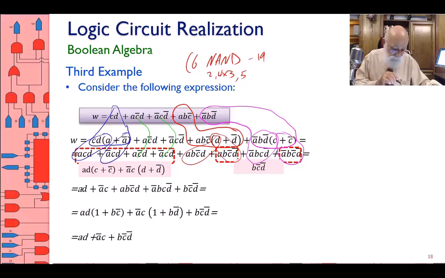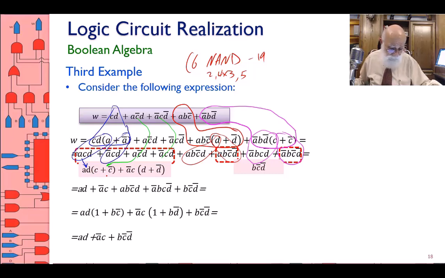Now let's go one step further down. What I'm going to do is take the first term, the blue, and the green, which is the third term, A, C bar, D. I'm going to use the distributive law, and AD is factored out, and therefore I end up with C or C bar.